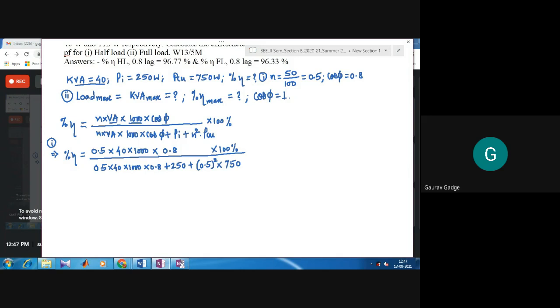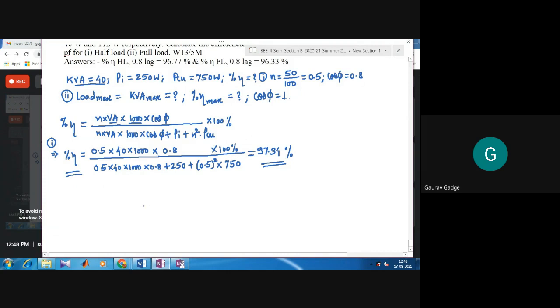Then plus 250 plus 0.5 square into 750, equal to, so it is 97.34%. Percentage eta is 97.34%.